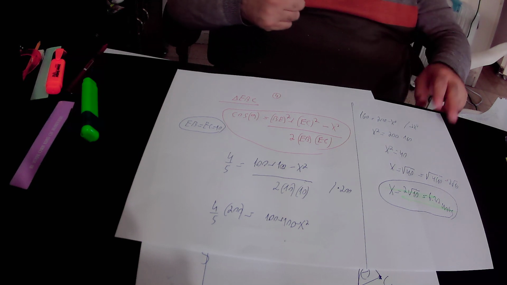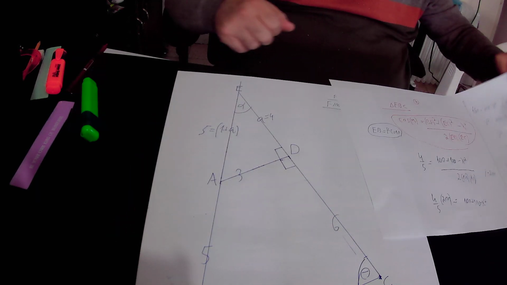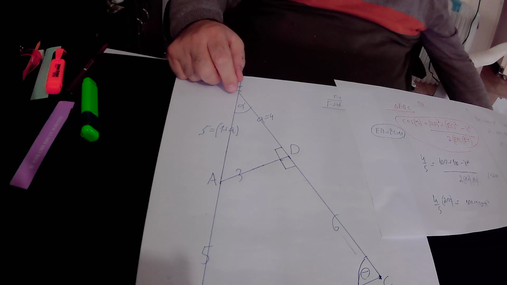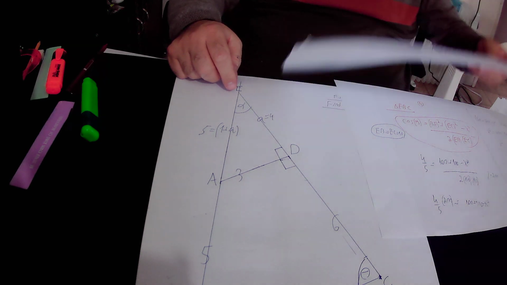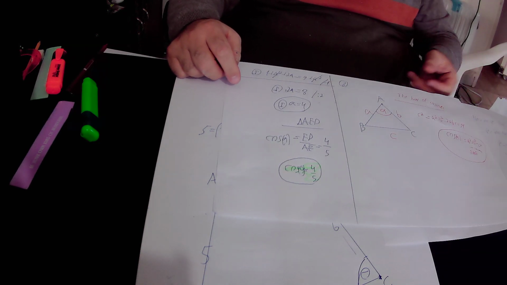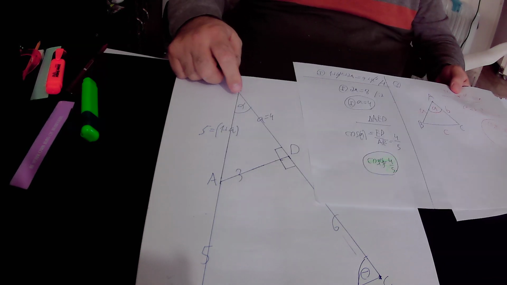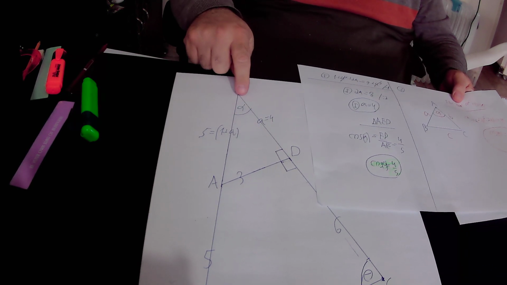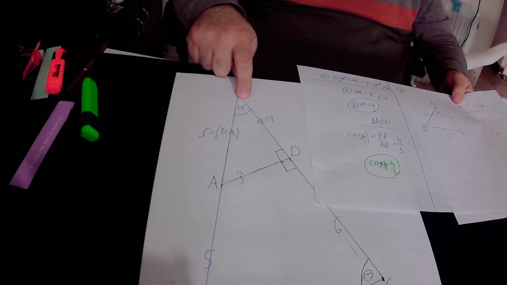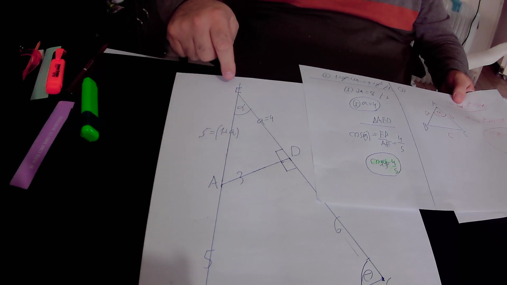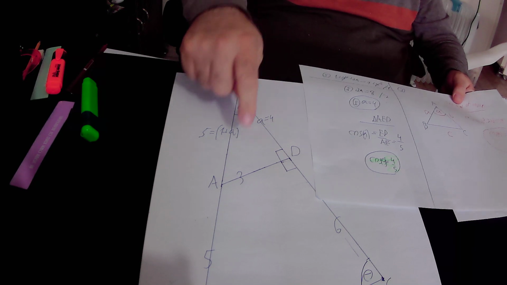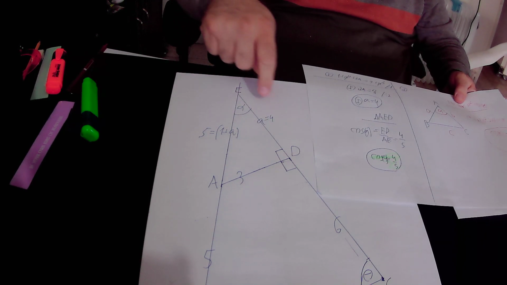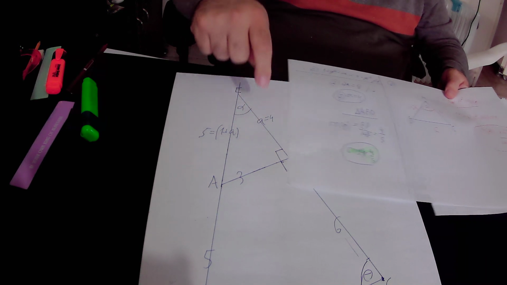Why? Because here, in the right small triangle AED, this right triangle ADE, we know that cosine alpha equals AD over AE.